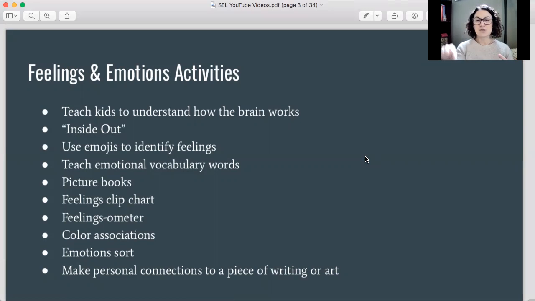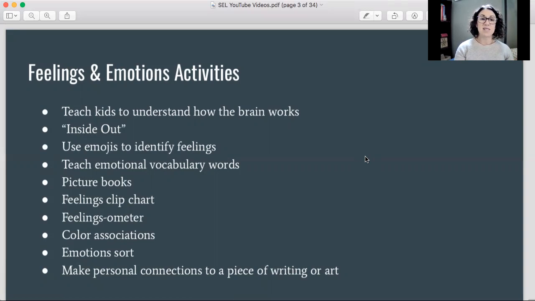We listed different feelings. So it might say happy, sad, lonely, five or six different feelings on the paper plate. But then add this additional component of, are you feeling high happy, medium happy, or low happy? And what does that mean?